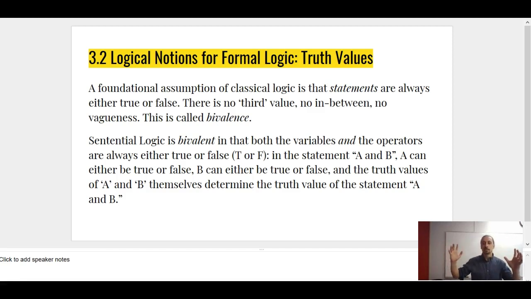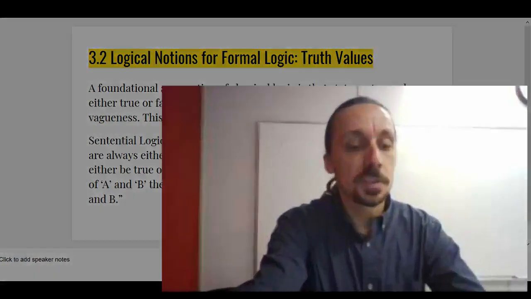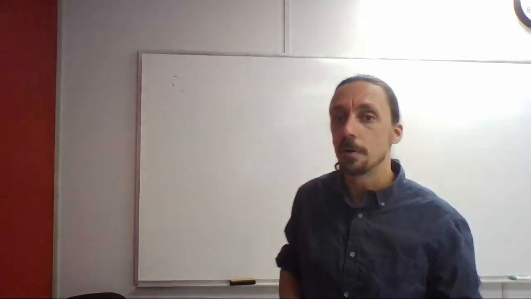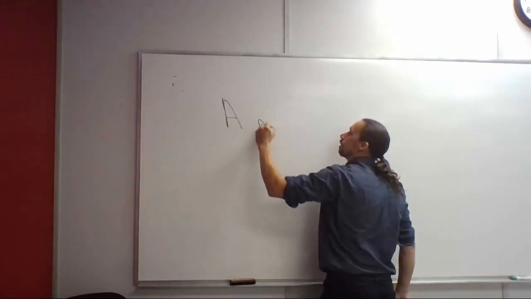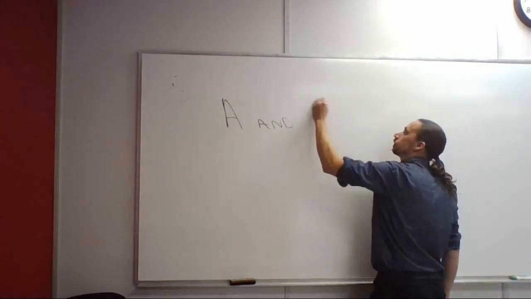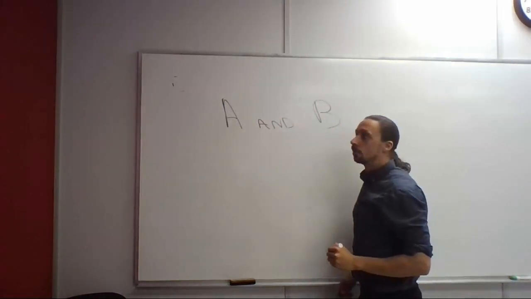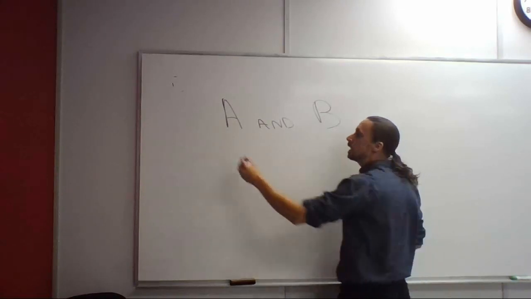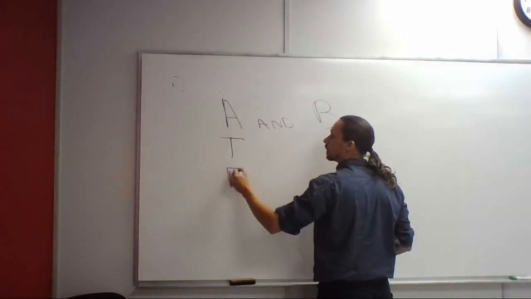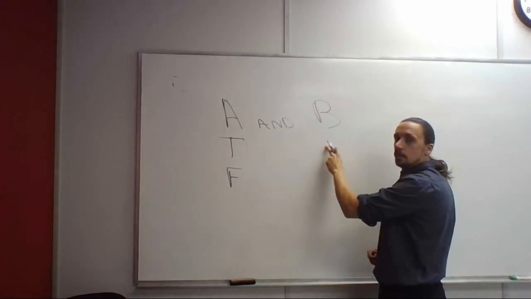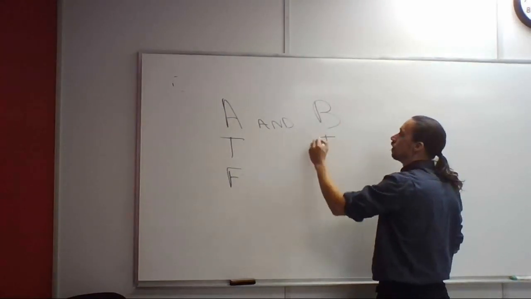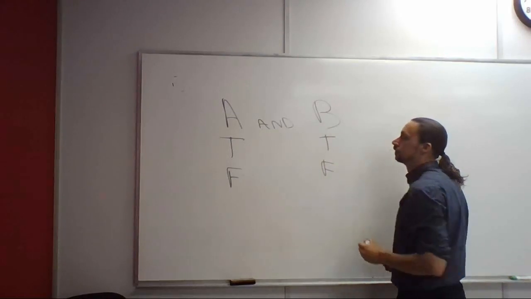Let's go over this again, because it's going to be a crucial component of what we're going to be doing here. So I have A and B. Bivalence means that A can be true or it can be false. B, bivalence means B can be true or it could be false.